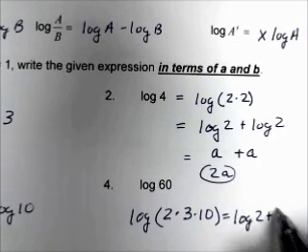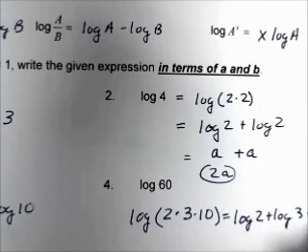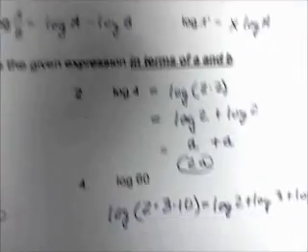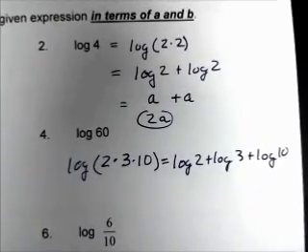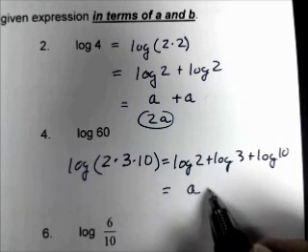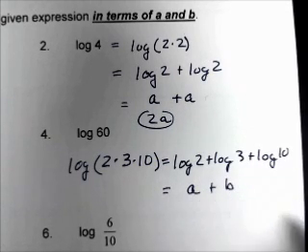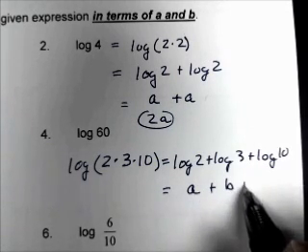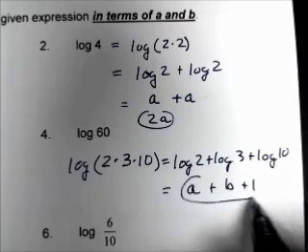Log 2 plus log 3 plus log 10. Log 2 is lowercase a, log 3 is lowercase b, and log 10 is 1. So a plus b plus 1.